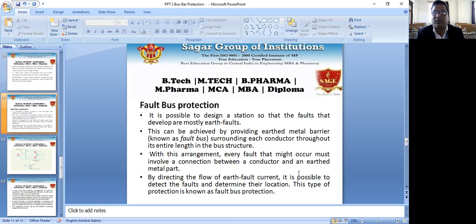With this arrangement, every fault that might occur must involve a connection between the conductor and the earthed metal part. By directing the flow of the earth fault current, it is possible to detect the fault and determine its location. This type of protection is known as fault bus protection.